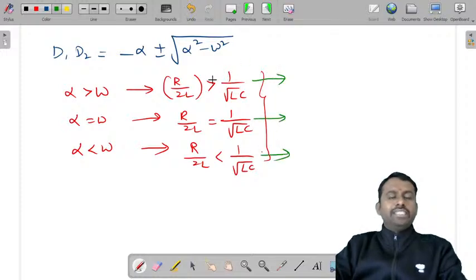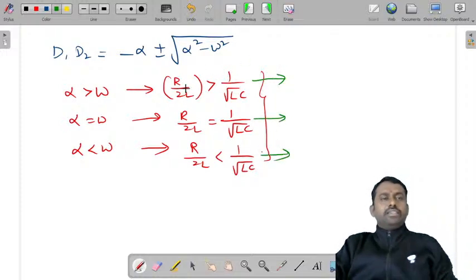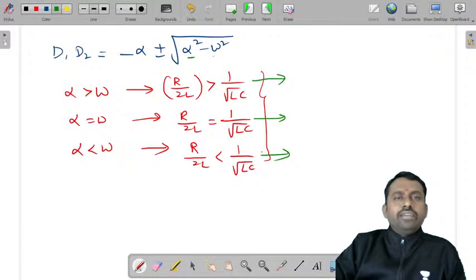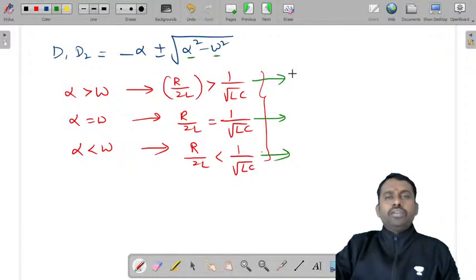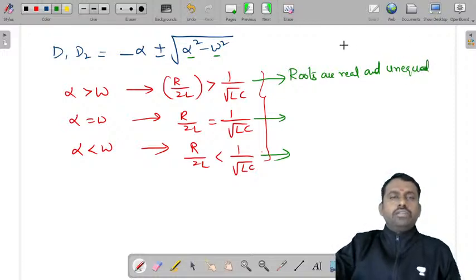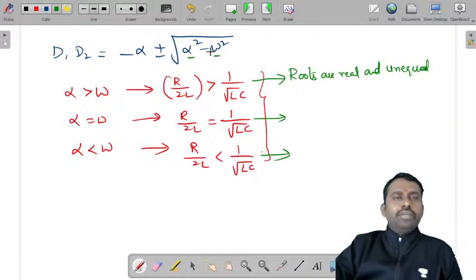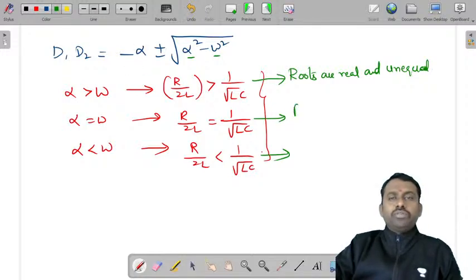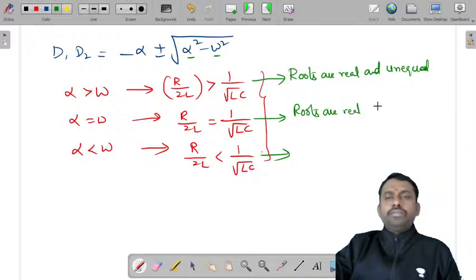For these three cases you'll get different roots. If alpha is greater than omega, the value under root will be a positive value, so the roots are real and unequal. Now if alpha is equal to omega, this is equal to 0, so D1 and D2 both will be equal to minus alpha. So roots are real and equal.